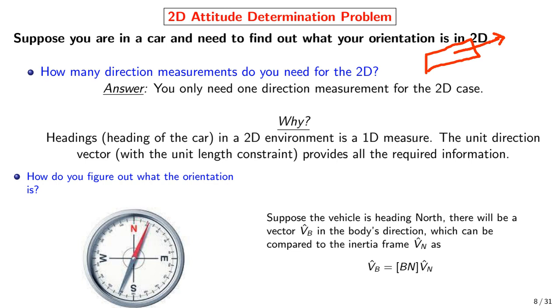So I'm only looking at Y and X. How many dimensions is this? That's two. Correct. So here is where you have your car in this two-dimensional space, and you want to determine the orientation of your car, right? How do you determine that? You have the X and Y directions.